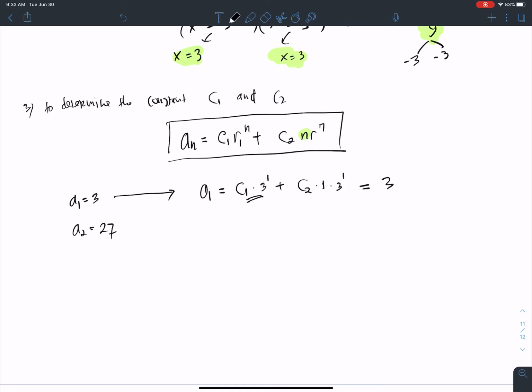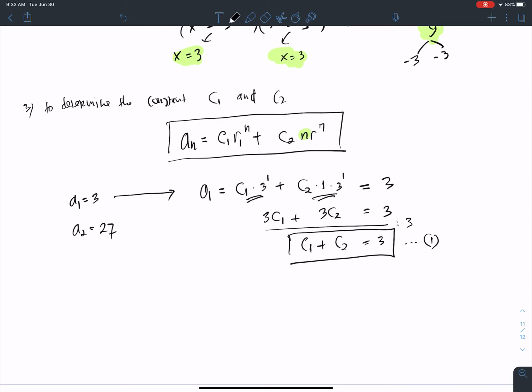If we solve this, 3C1 plus 3C2 is equal to 3. You can leave it as it is, or if you want to simplify, divide all by 3, then you get C1 plus C2 equal to 1. So this will be the first equation.